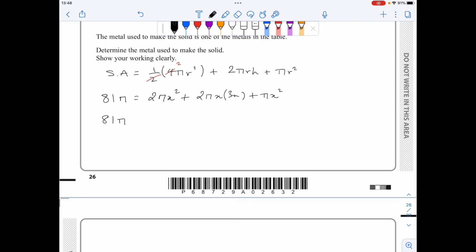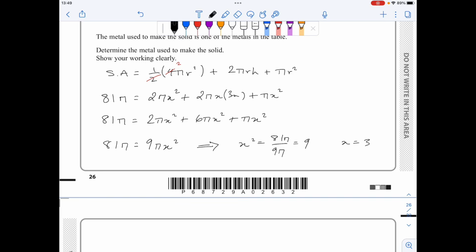So 81 pi is equal to pi x squared plus 6 pi x squared plus pi x squared. Hence 81 pi is equal to 9 pi x squared. This means that x squared is equal to 81 pi over 9 pi, which simplifies to 9, so x is equal to 3.